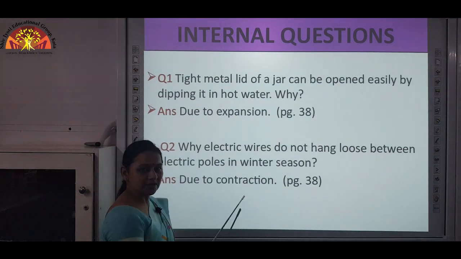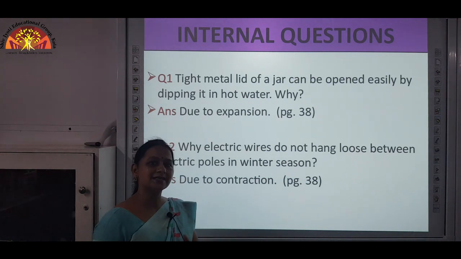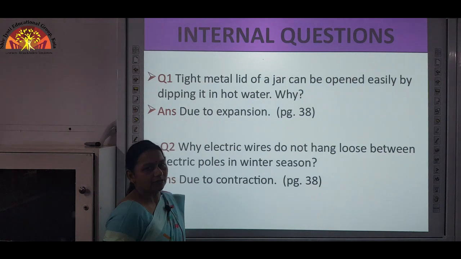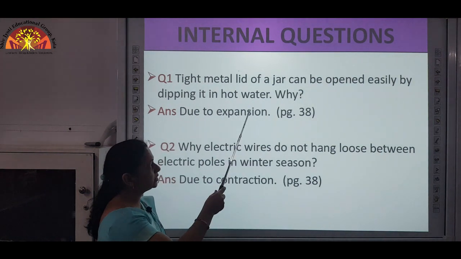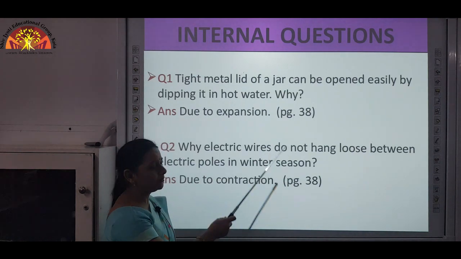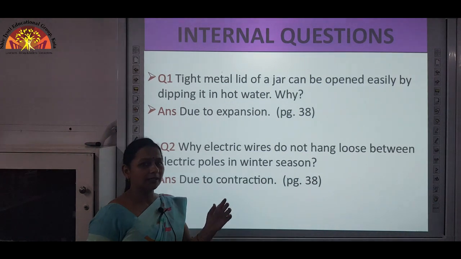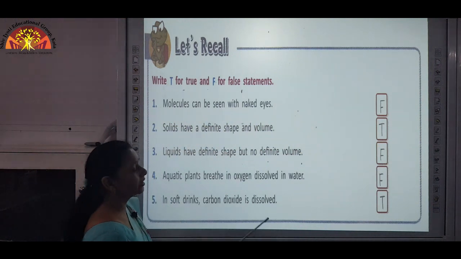Due to contraction. Due to contraction, the size of the wires decreases and that makes them tight. So, they are not hanging loose in winter season. So, students, you need to mark these questions in your book on page number 38. Both the questions are there. You need to write the questions and mark the answer there. Okay. Now, let us discuss the book work.